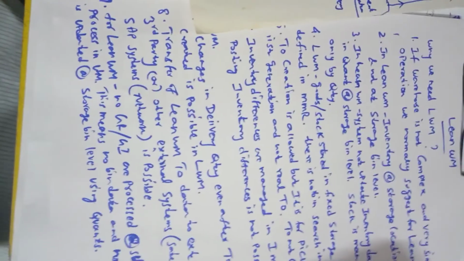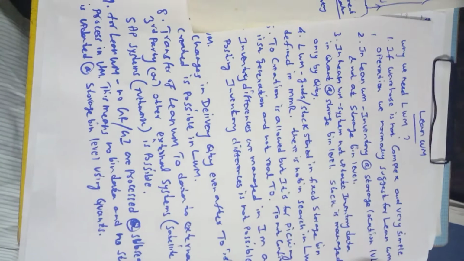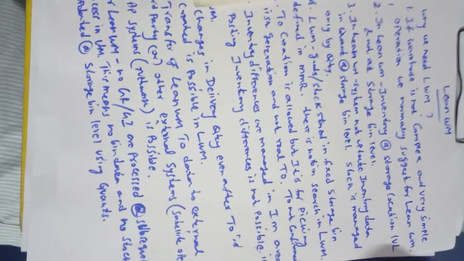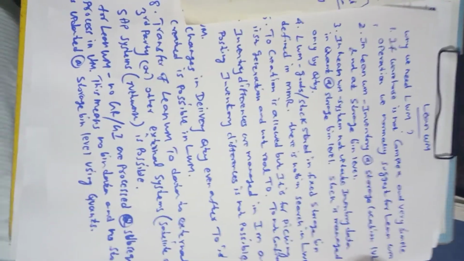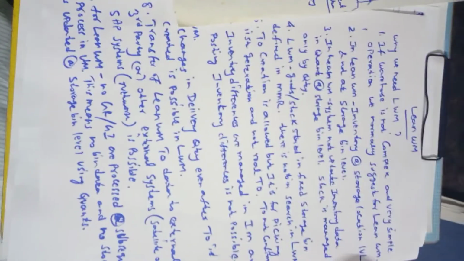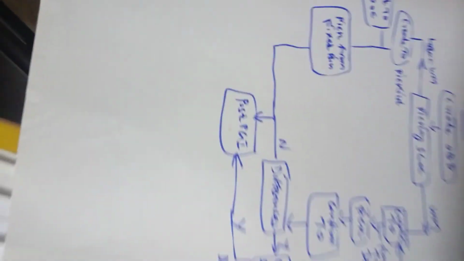So what I will do, I will give all this configuration, the minimum functional configurations required, in this YouTube video description, so that you can make use of that. And also I have explained the lean WM and full WM differences with this diagram.